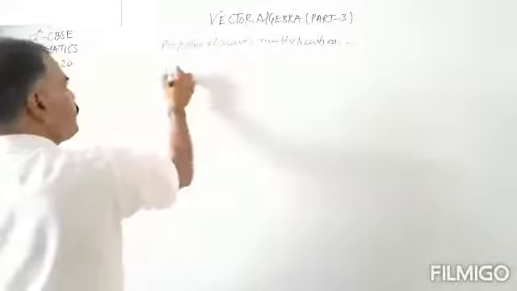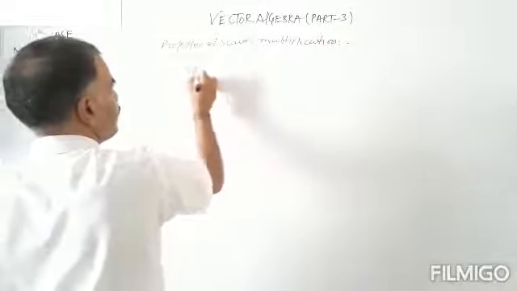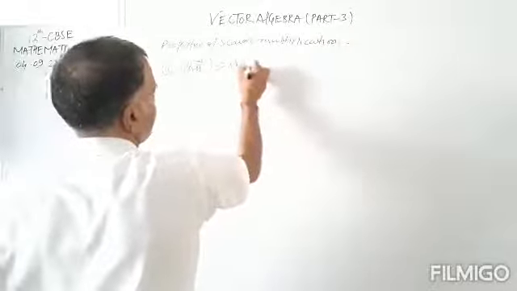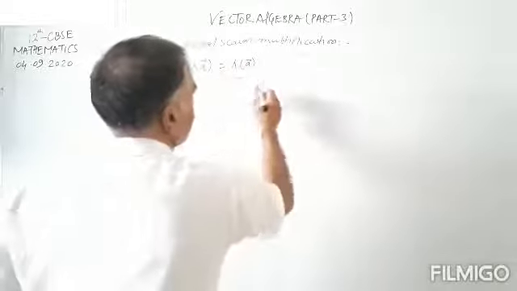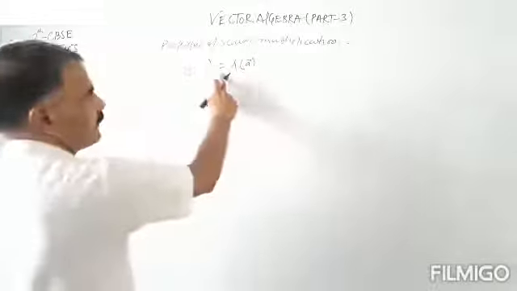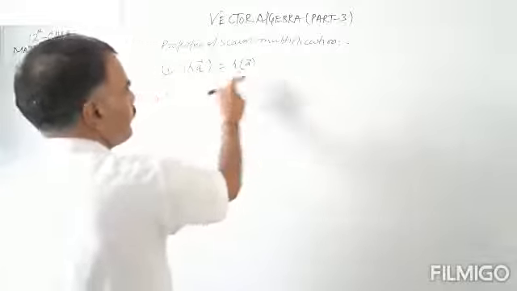So the first property is lambda A vector is equal to lambda into A vector.